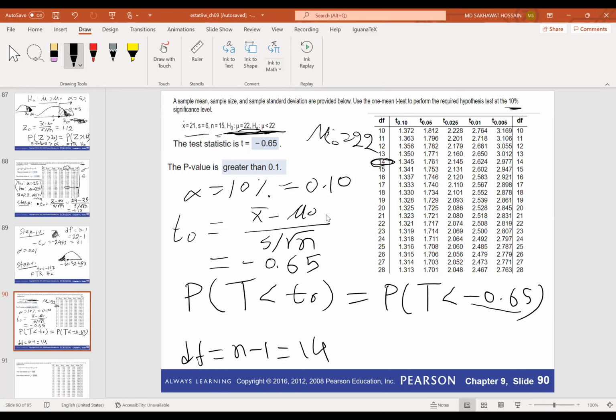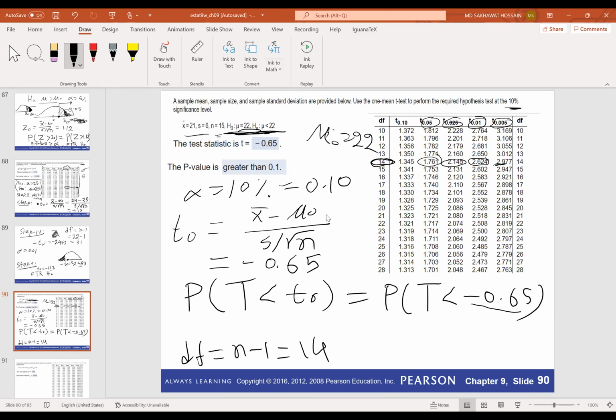But what we can do here, look at this one, 2.9. The p-value is 0.005. This is the probability, 0.005. For 2.64, it will be 0.01. For 2.145, it will be 0.025.